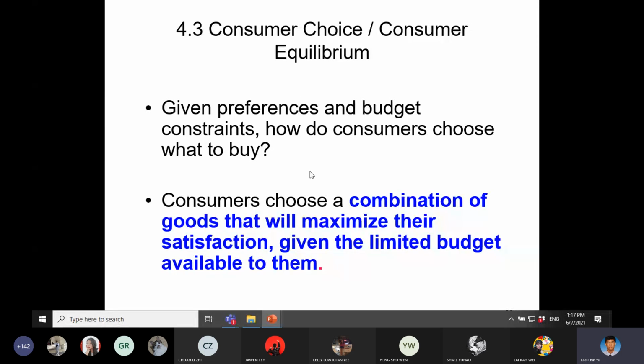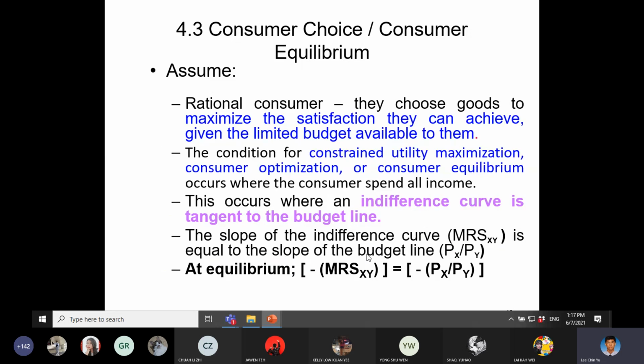So this is what we are going to do. Consumers choose a combination of goods that will maximize their satisfaction given the limited budget available to them. So we combine the two together. From here, we assume a rational consumer. The consumer must be rational.